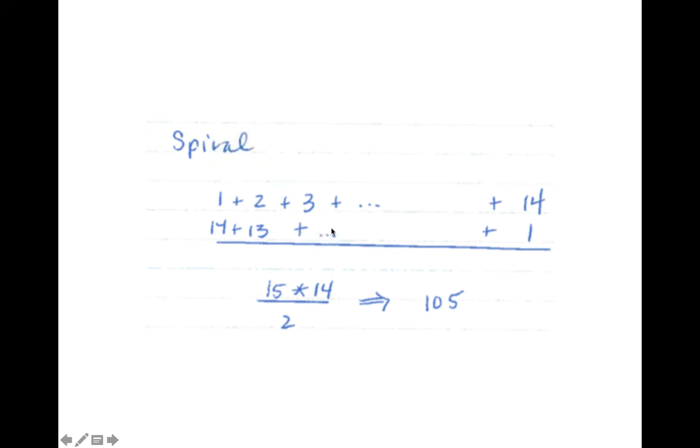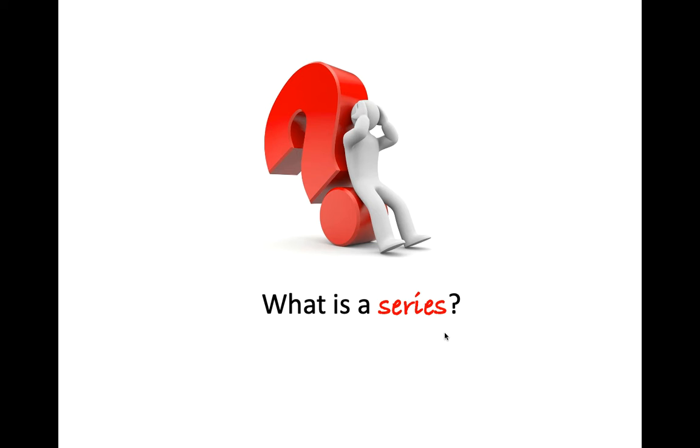Let's turn it around and do 14 to 1. If we add the first term and the last, they add up to 15. So there would be 14 15s. And since I've done this string of numbers twice, I'm going to divide by 2 to find my answer of 105. This is what we call Gauss's method of calculating a mathematical series.